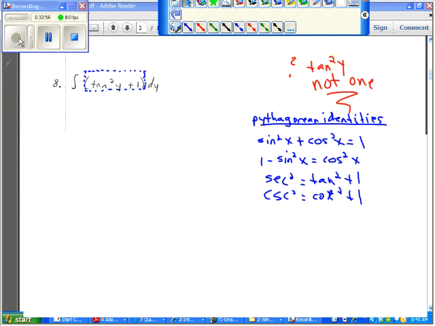And we also know that cosecant square is equal to cotangent square plus 1. Sometimes it'll say 1 plus tangent square, or 1 plus cotangent square, but that doesn't make any difference. So those are your Pythagorean identities.